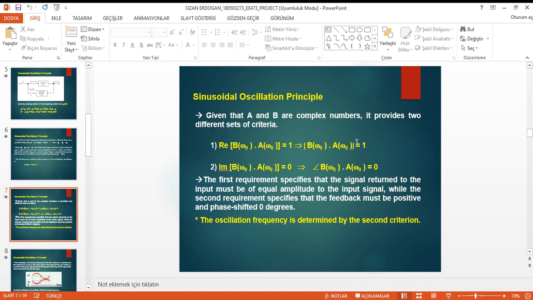The first requirement specifies that the signal returned to the input must be of equal amplitude to the input signal, while the second requirement specifies that the feedback must be positive and phase shifted 0 degrees. The oscillation frequency is determined by the second criterion. This one.